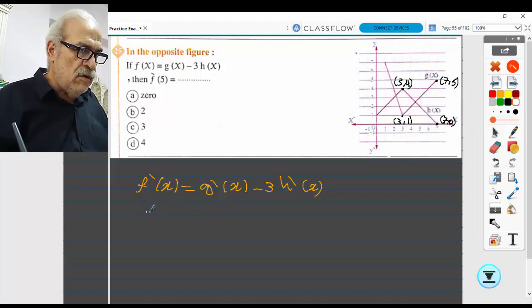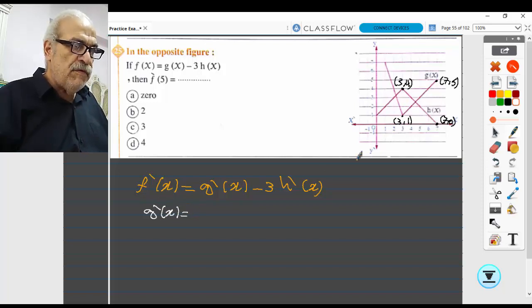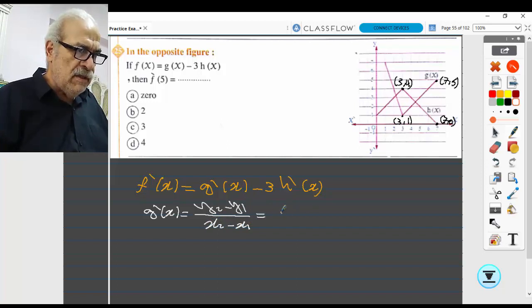So g dash of x is the slope of the curve g of x in this interval, from 3 to 7. The slope equals y2 minus y1 over x2 minus x1, which equals 5 minus 1 over 7 minus 3, which equals 4 over 4, which equals 1.